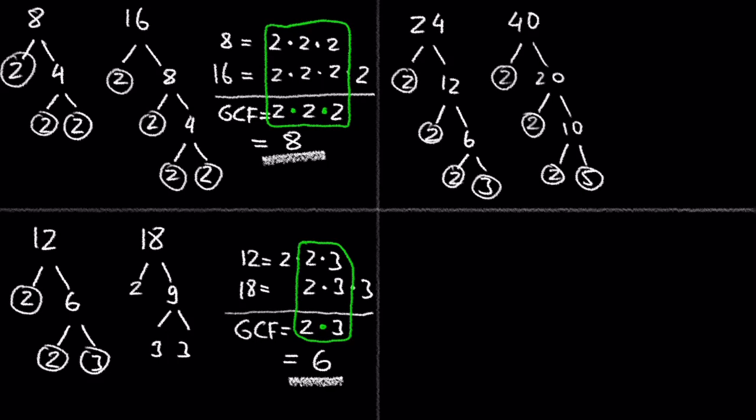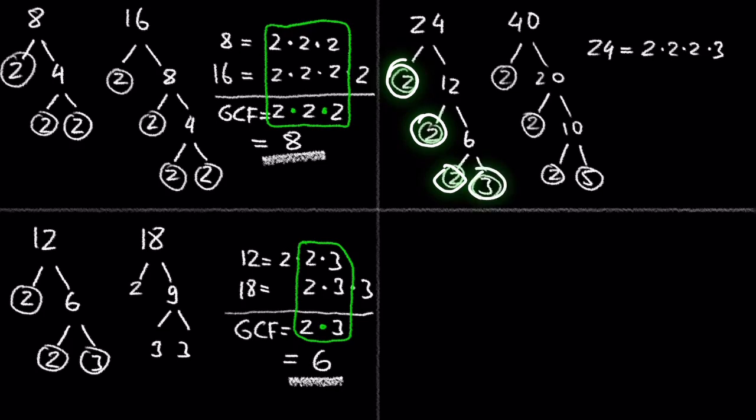24 is the product of 2 times 2 times 2 times 3. And 40 is the product of 2 times 2 times 2 times 5.